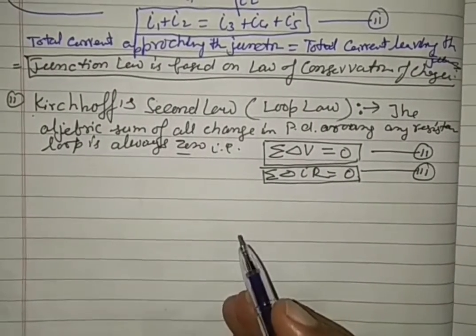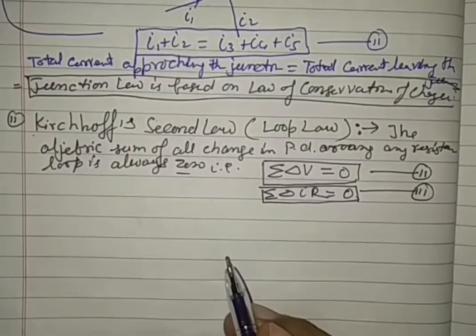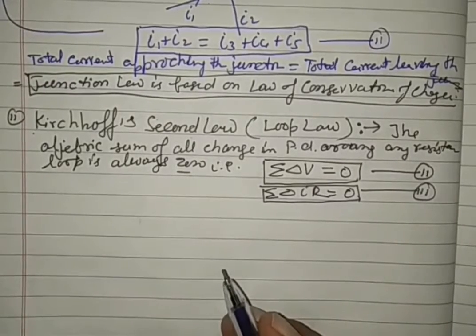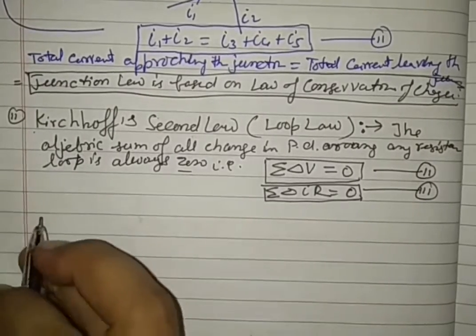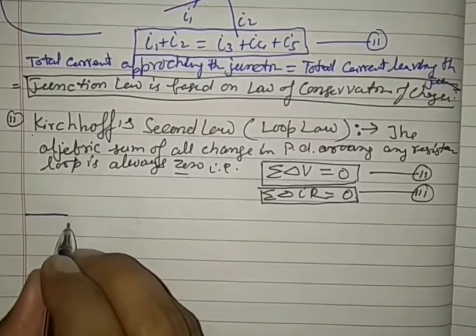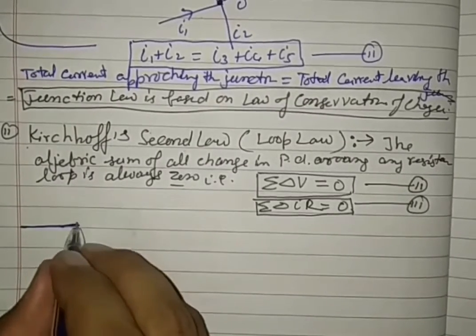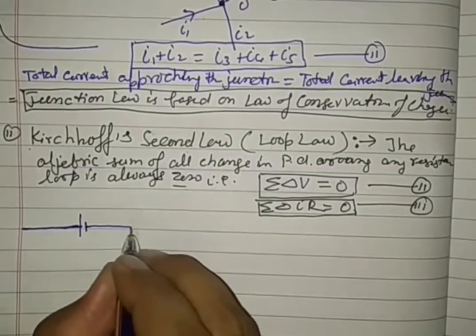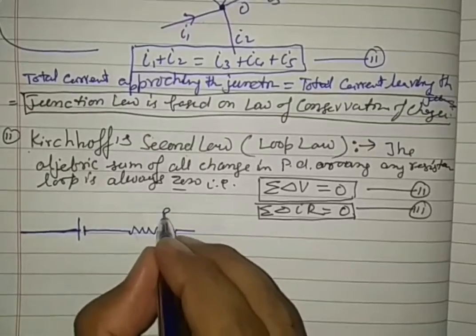See, student, the second law is required to be understood by everybody carefully, and children always face problems applying Kirchhoff's law in this case. So let us see very carefully the diagram through which we will explain the application of Kirchhoff's second law, that is the loop law. In this, let it be a cell with resistance R1 here.